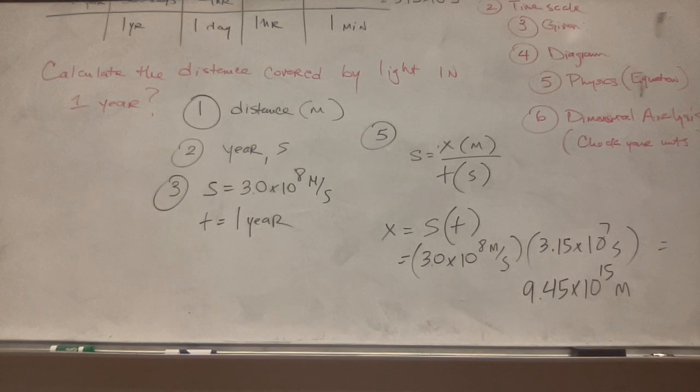I thought we was multiplying 10 to the 15th power times 9.45. No. That's all one number. Instead of me writing 15 zeros, I wrote 10 to the 15. Gotcha.